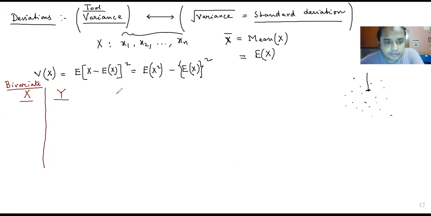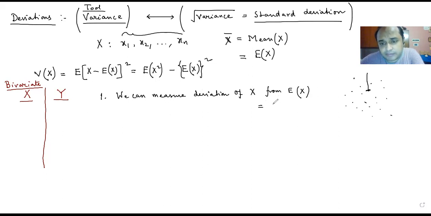Say, for example, number one, we can measure the deviation of x from E x. We can measure it, and we know that for this particular measure we shall use the tool which is called variance of x.